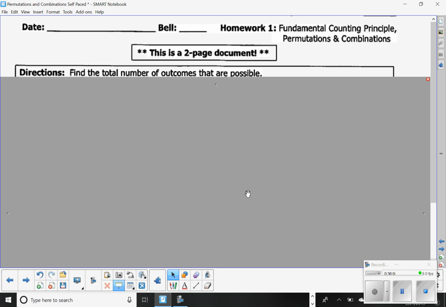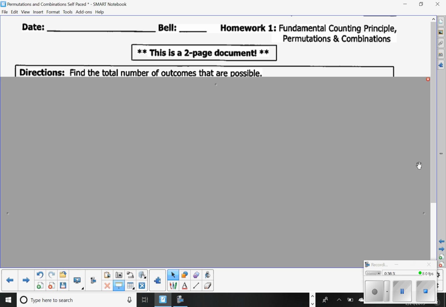You can pause the video as necessary. Go ahead and pause the video now, and come back after you've finished Homework 1. It's important that you try it. Anything that you don't understand, please check with me before we get to May and you have your test on this. Thanks.